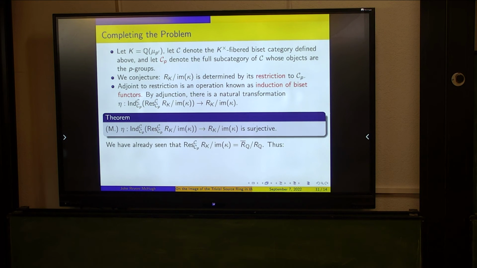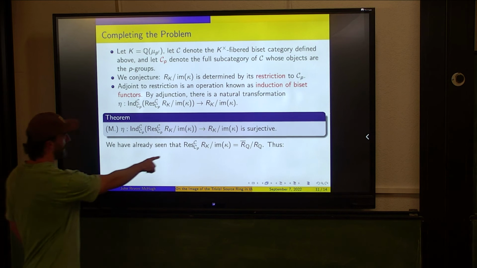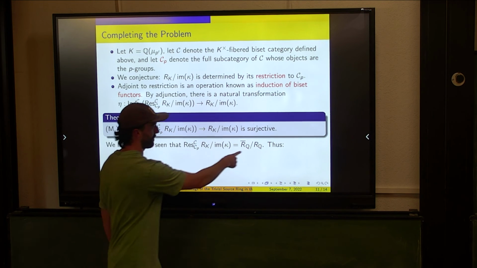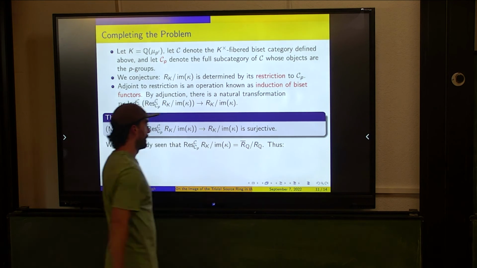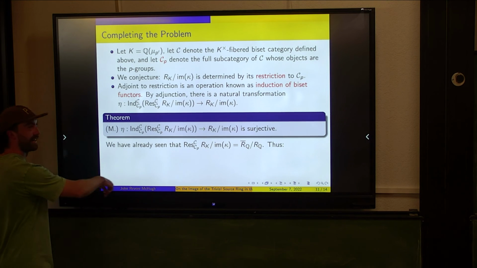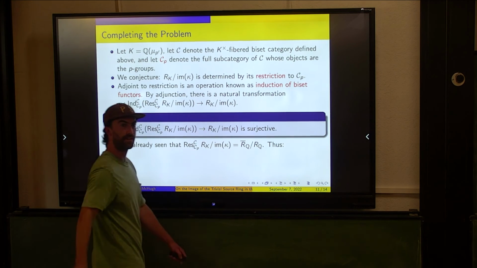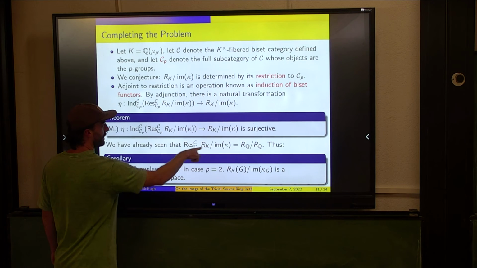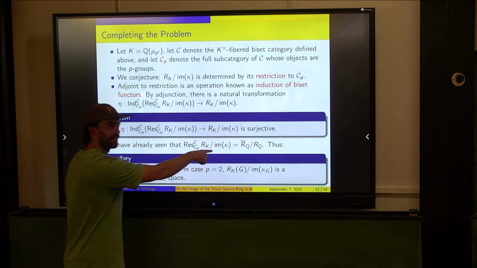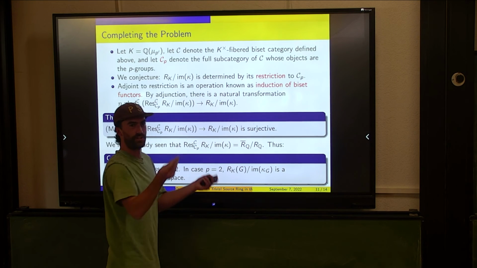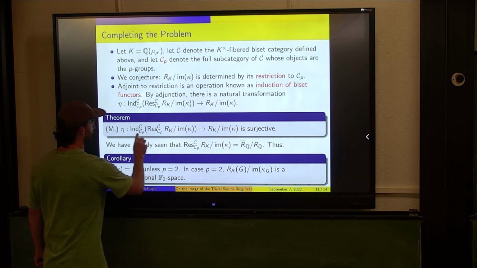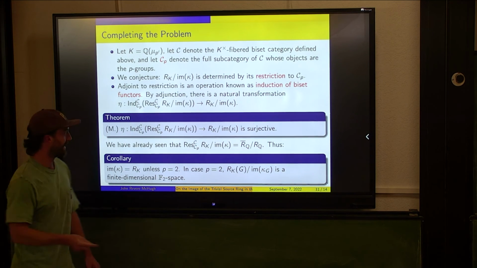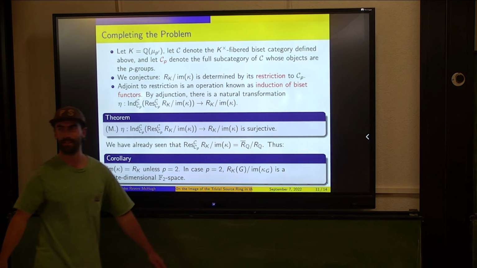So for example, we've already seen, if I compute this quotient at a P group, it's the same thing as computing this. Roquette's theorem said if P was odd, this thing is 0. So when I restrict this functor, I get the 0 functor. If you induce it, it's still going to be 0. And because this is surjective, that thing is 0, which gives you immediately that kappa is surjective in case P is odd.